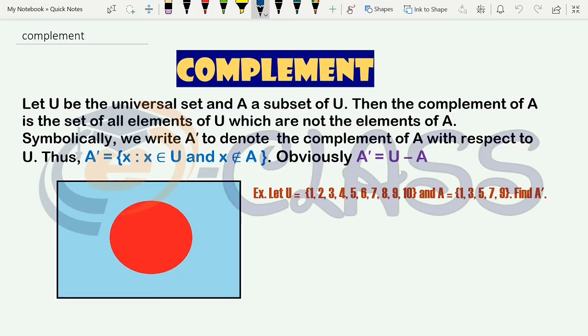So today's topic is complement. So what is complement?